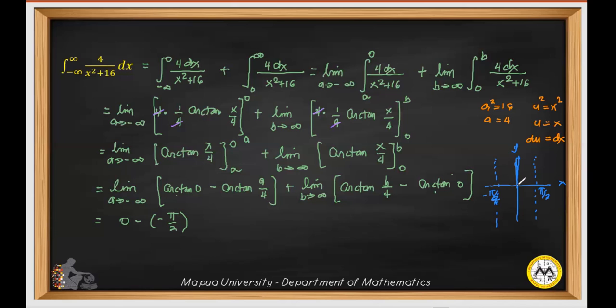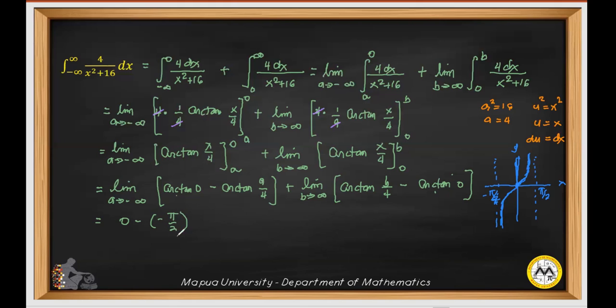Now the tangent of x will increase without bound. Of course, tangent of 0 is equal to 0. And this will increase without bound as x approaches pi over 2. While if x approaches negative pi over 2, it decreases without bound. Therefore, arctangent of a over 4, if a decreases without bound, will approach negative pi over 2.